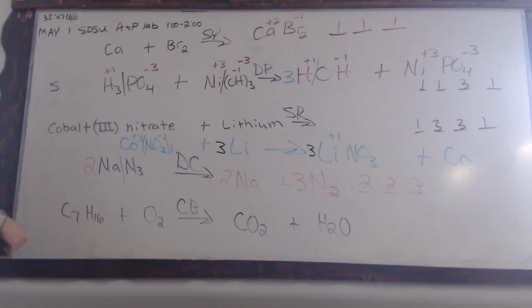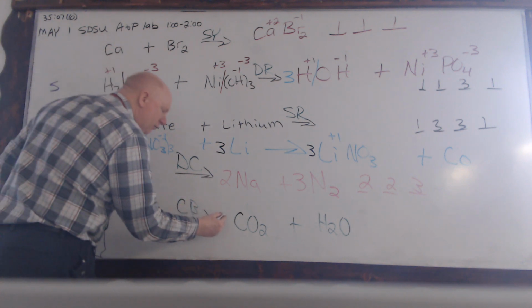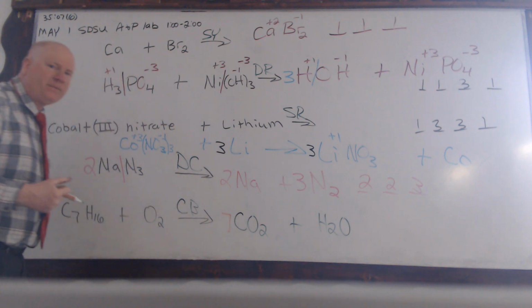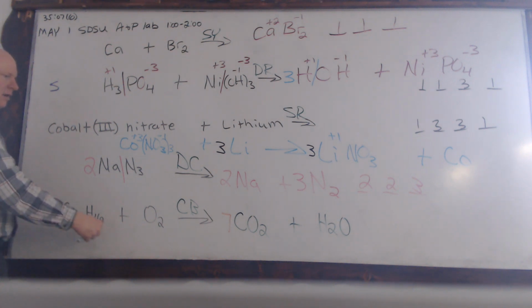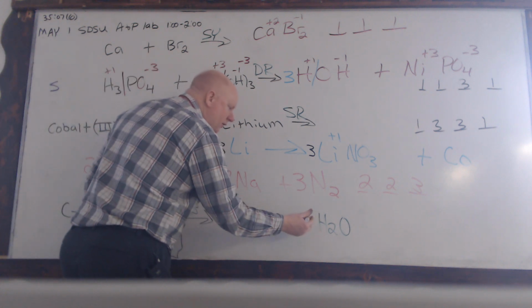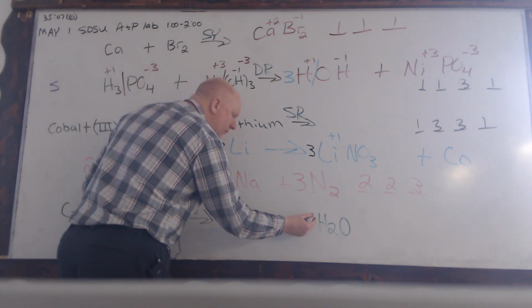But since it is an odd number, we can just go ahead and put 7 over here. We don't have to double that. Okay, put a 7 in front of the carbon dioxide, or CO2. Then let's move on to your hydrogens. You've got 16 to 2. So we're going to take that times 8.